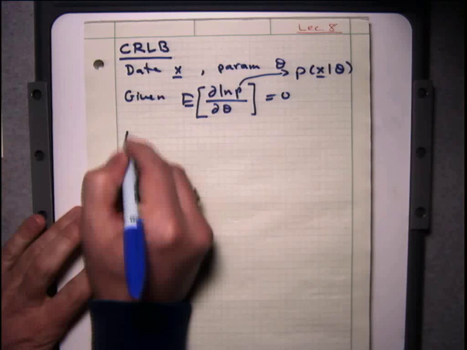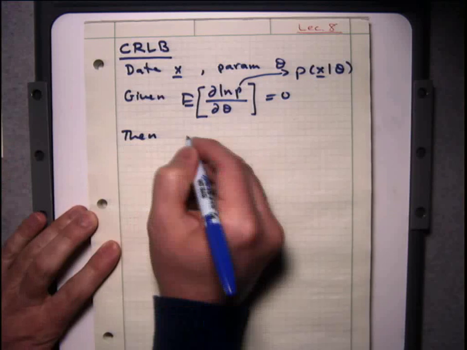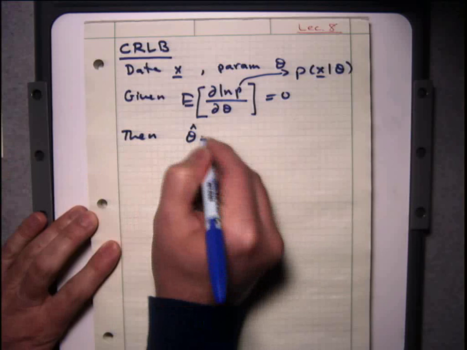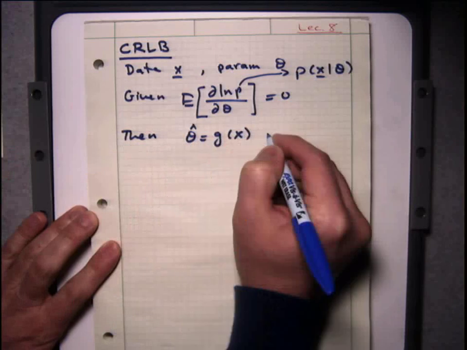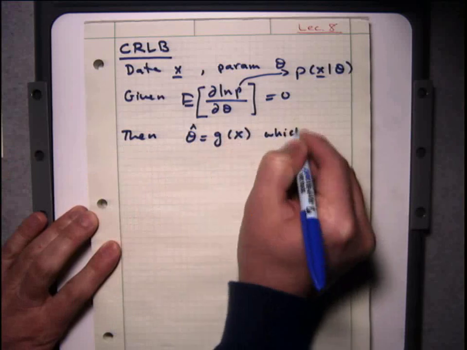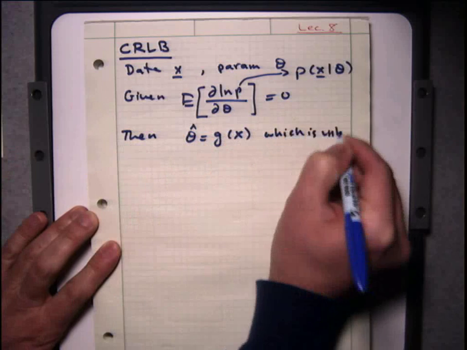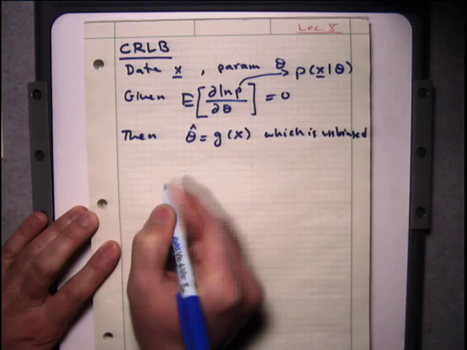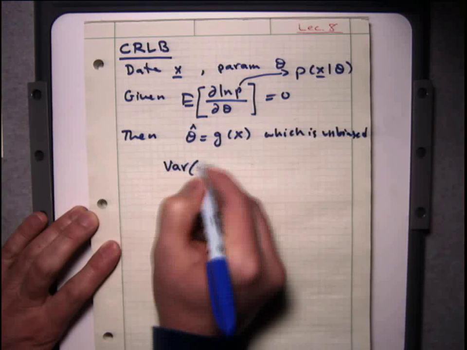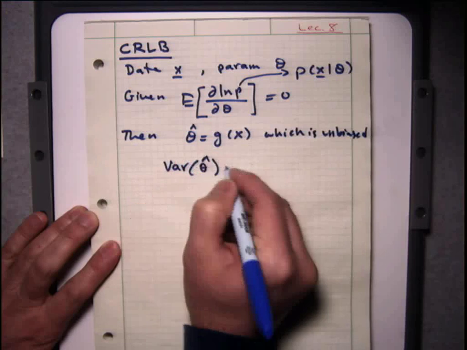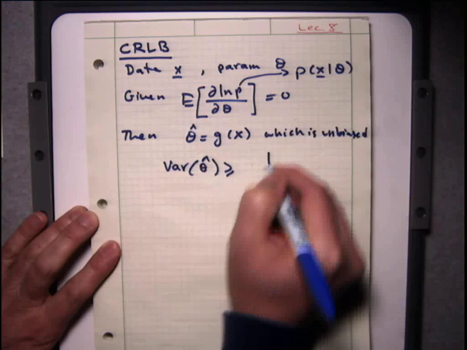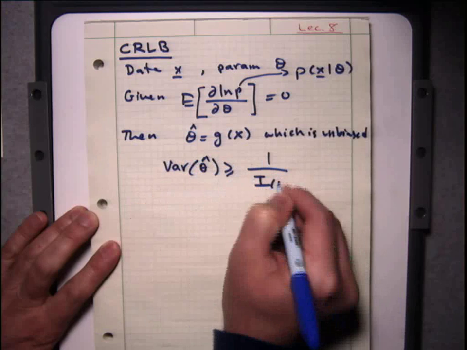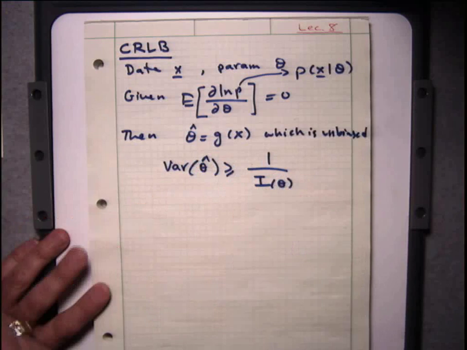Then, for any estimator, theta hat equals g of x, which is unbiased, we have the variance of theta hat is lower bounded by 1 over the Fisher information.